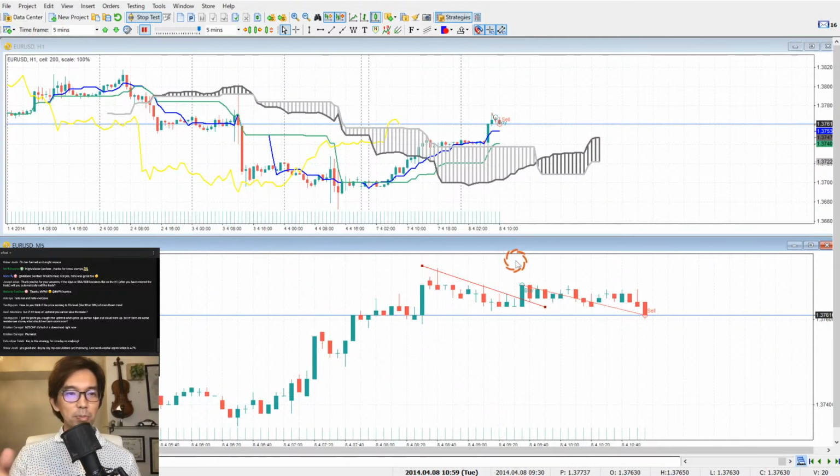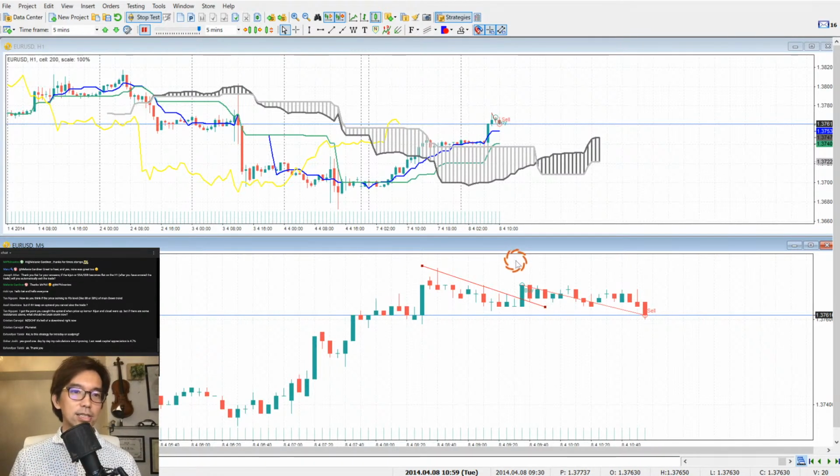You should be persistent for at least a year, or half a year. And once you have a 10 to 20% return on a monthly basis, at least for the half year, then you can be more confident. Yeah. Okay. So let's keep it running a little bit more.